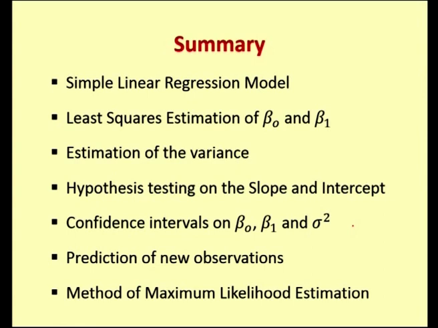Confidence intervals for beta naught, beta 1 and sigma squared are obtained, and we have done prediction of new observations, and finally the other method of obtaining the estimators, that is method of maximum likelihood estimation, is also discussed, and we compared the method of maximum likelihood estimation with the method of least squares.